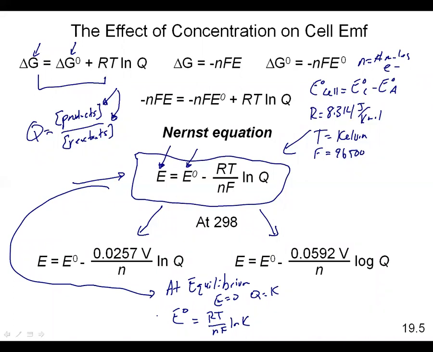So really the equation that we just used comes from the Nernst equation. When you're at equilibrium conditions, E would equal 0 and Q would equal K.